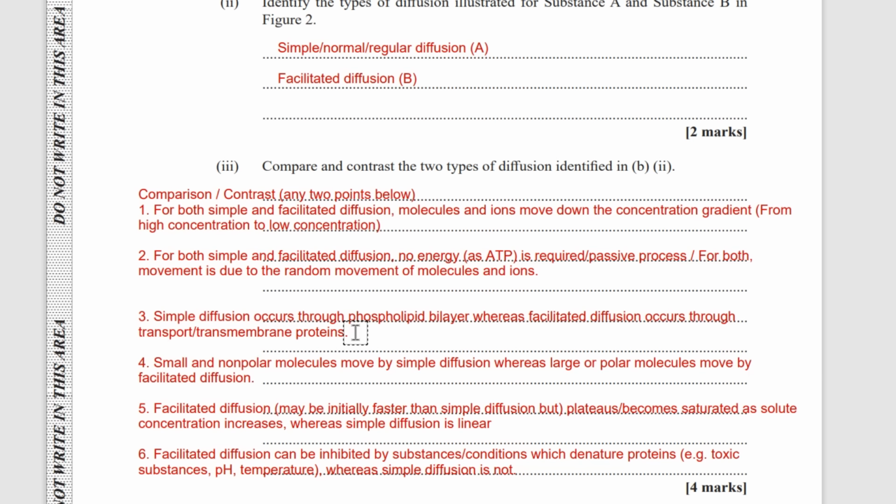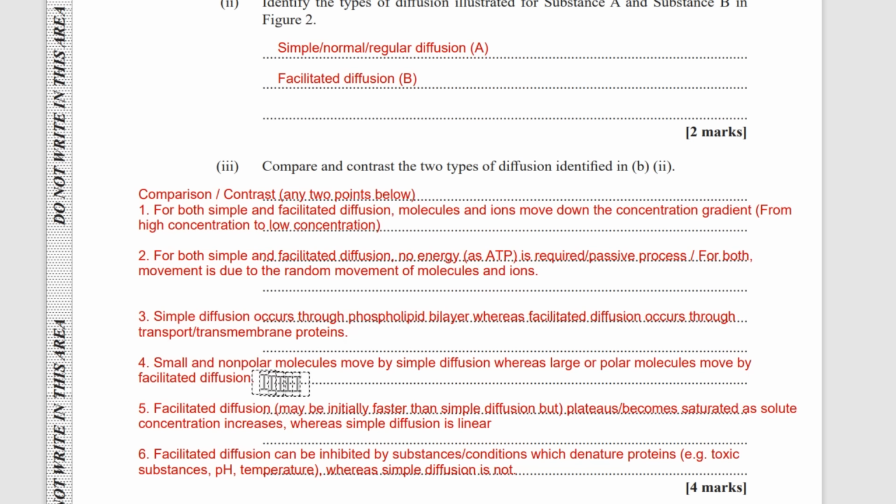And of course, if you have only so many gates, the gates are going to get a little clogged up from time to time, and you're going to get lines by the gate. Those gates are carrier proteins or channel proteins. So facilitated diffusion requires the help of these transport proteins. Simple diffusion could just pass through the bilayer.